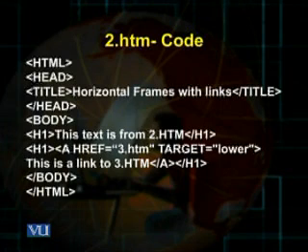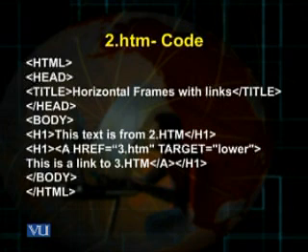You remember that we use anchor tag for creating hyperlinks. Anchor tag href equals 3.htm. 3.htm is the destination where I want to reach by clicking the clickable sentence. You can notice that I have used another attribute, target, in the anchor tag, and I have kept its value lower.